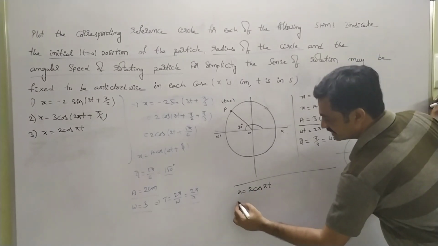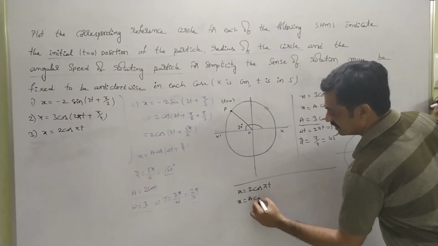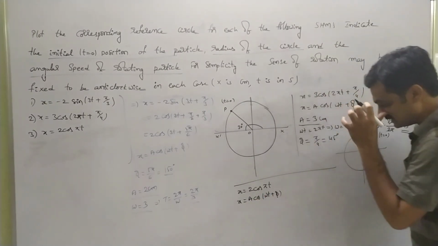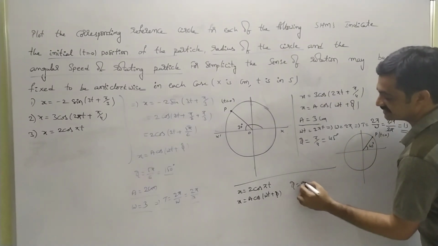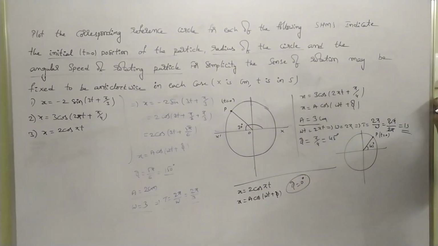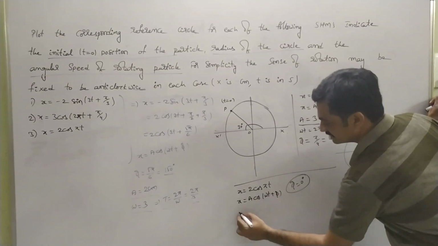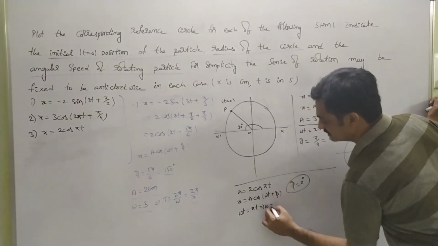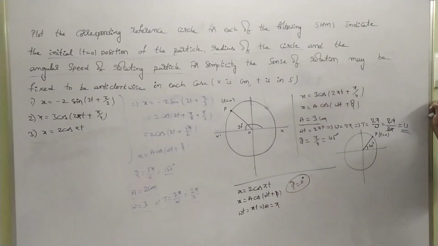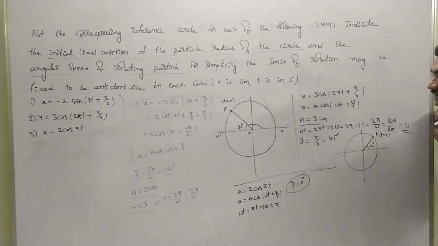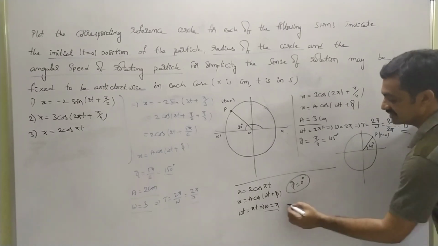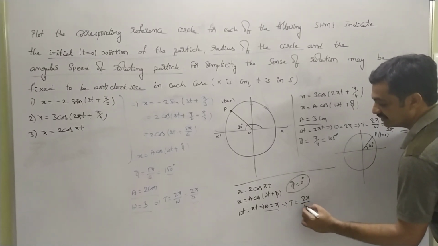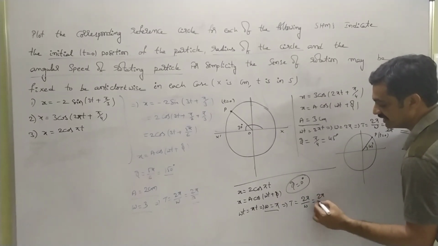When we compare this equation with a cos (omega t plus phi), here phi is equal to 0, so the initial phase is 0. Comparing omega t equals pi t, we get omega equals pi radian per second. So here we have represented the angular speed. The time period is T equals 2 pi by omega equals 2 pi by pi.